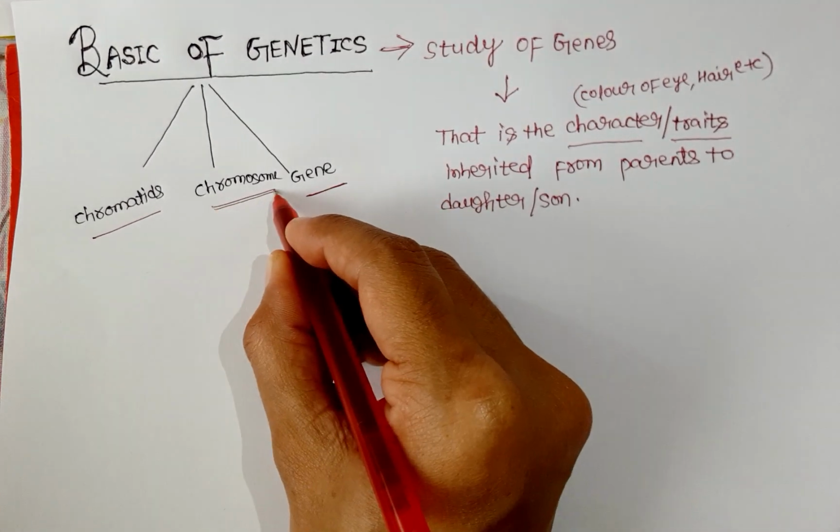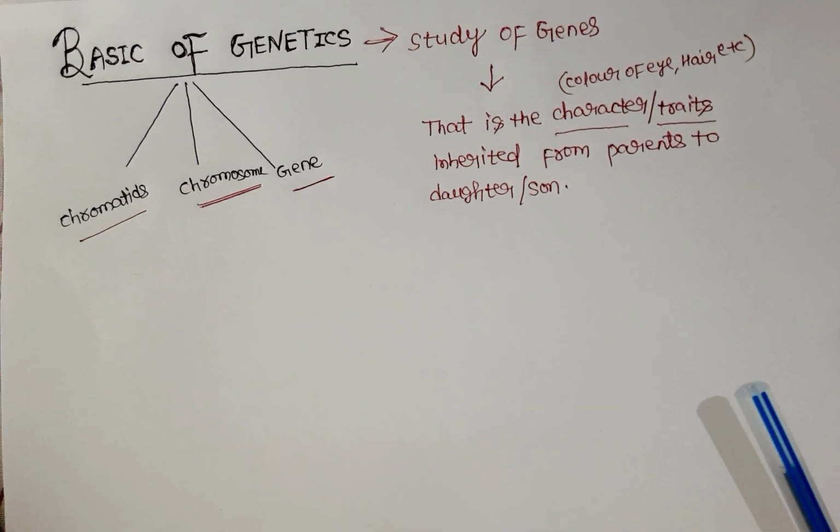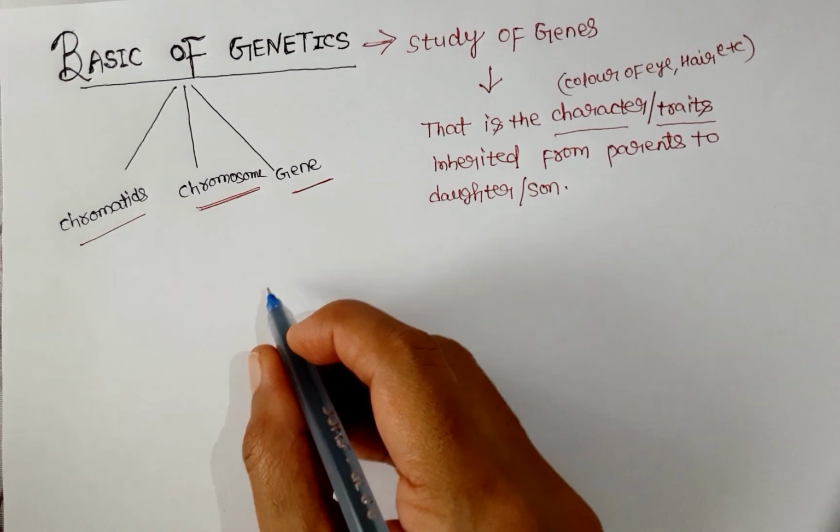So today we are going to study the structure of these parts of genetics, means what is a chromatid, how they form a chromosome, what is a gene, what is DNA. All things we are going to make crystal clear. So let's start. First of all, we have to draw one cell, which is basic to understand anything.